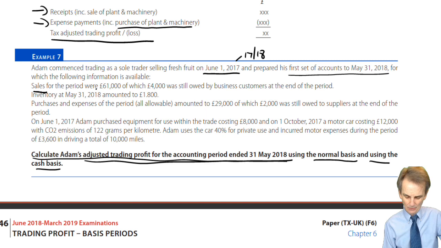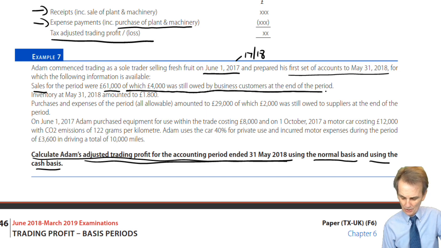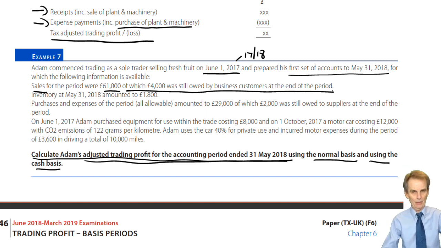He prepared his first set of accounts, as we know, to the 31st of May 18, and we have the following information. Sales were 61,000. On the normal basis, in calculating profit, you will use sales. But we're then told, of which 4,000 was still owed by business customers at the end of the period.